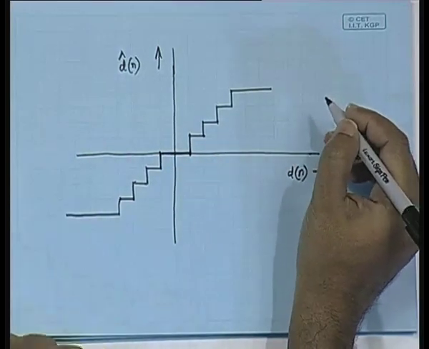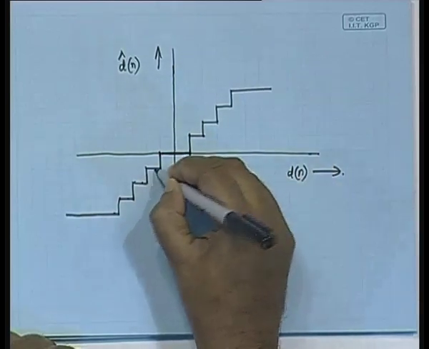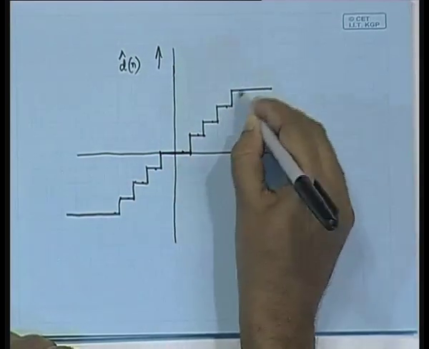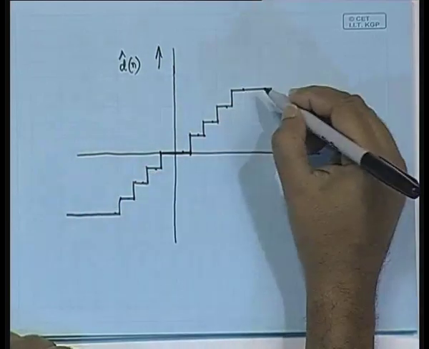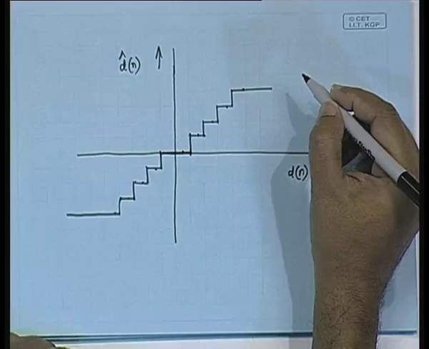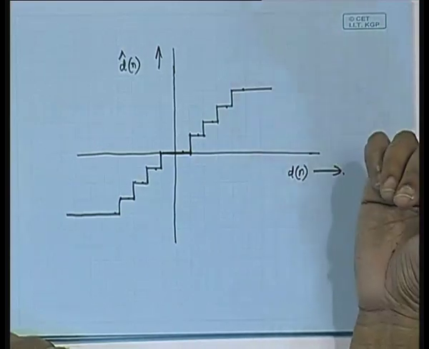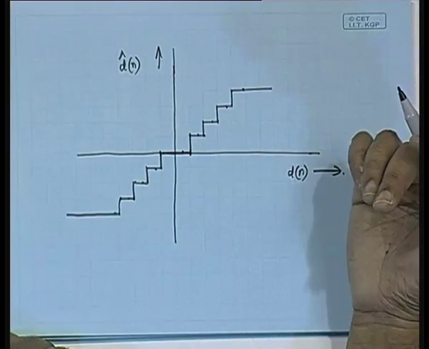Okay. So now you see that there are how many levels? 1, 2, 3, 4, 5, 6, 7, 8, 9. 9 different levels we got, unlike only 2 levels which we had used in the case of the delta modulator.